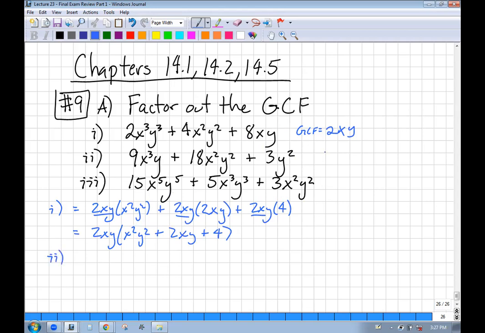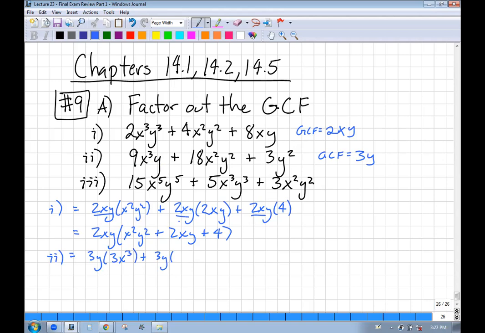So here I would say, okay, what is my GCF? I can get a 3 out of everything. This one doesn't have any x's, so I can't get any x's out, but they all have at least one y. So I'd say, write everything as 3y times whatever I need. To get a 9, I need a 3, I need an x cubed, and I already have the y.